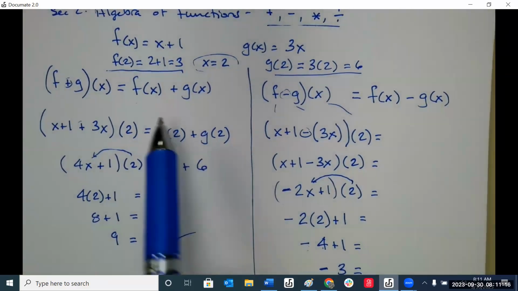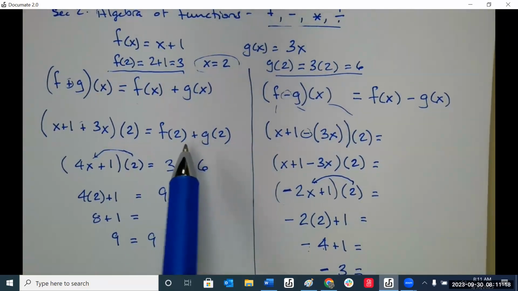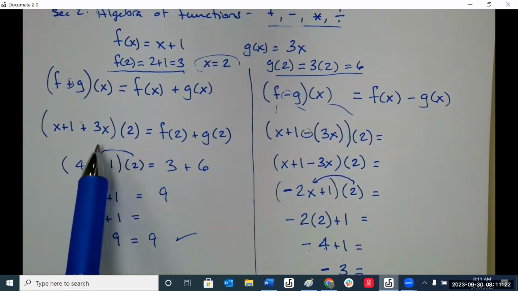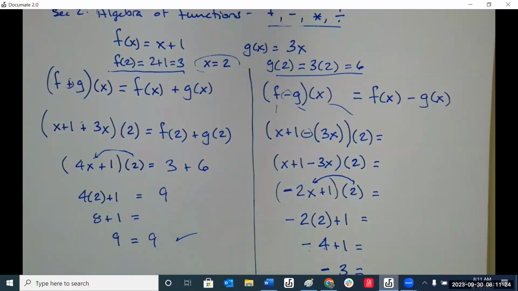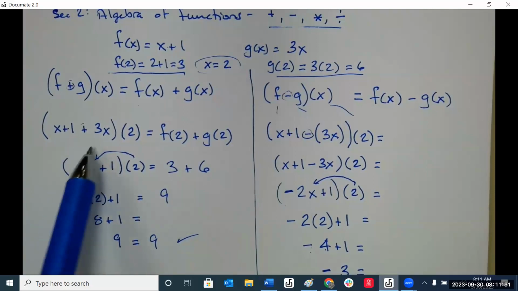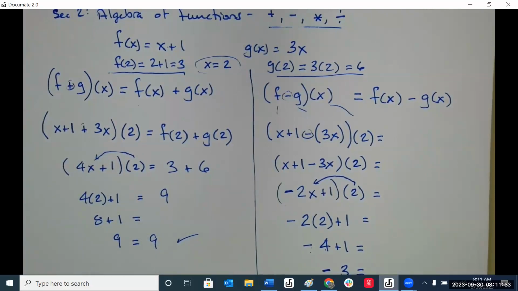As you can see, the right side's a lot faster. But worst case scenario, if we had bigger equations, it may be easier doing this, because if you have two long equations and you try to put the numbers in there, then you have to do two long ones. But if you combine them, it could shrink them up, make them even smaller, so it'd be a lot faster. So you have the choice of what to do.